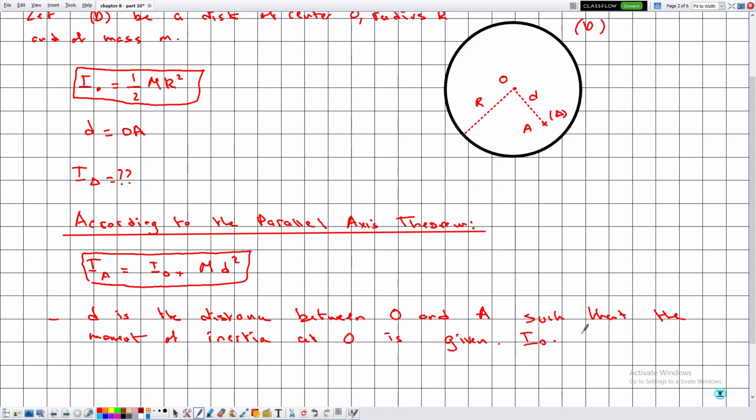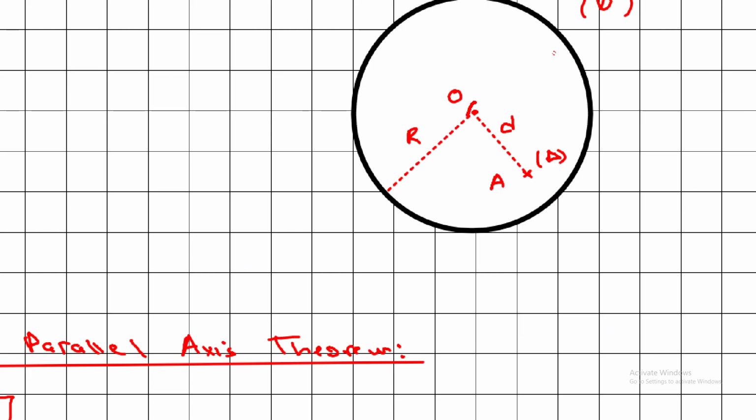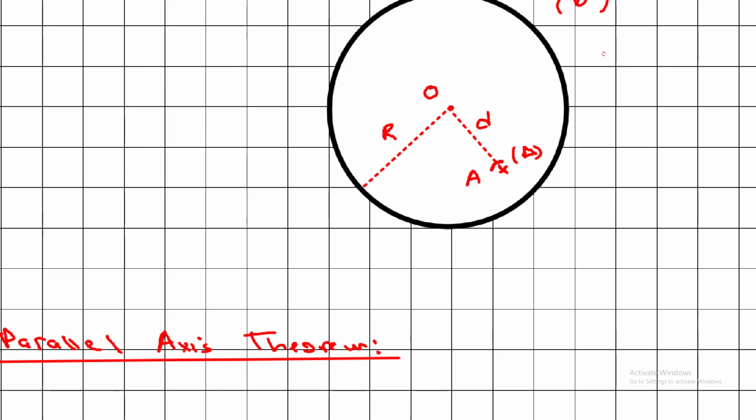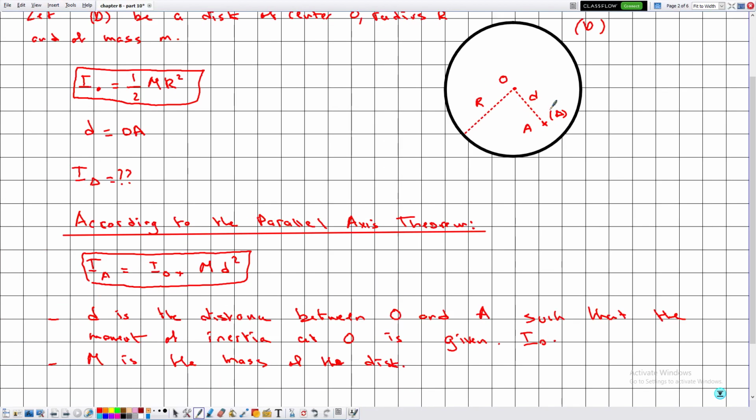The point O is usually taken to be the center of mass. M is the mass of the disk. So in this case, if we know the moment of inertia at the point O, we can directly deduce the moment of inertia around the axis delta, because we know the moment of inertia at the point O, we know the mass of the disk, and we know the distance separating O and delta.